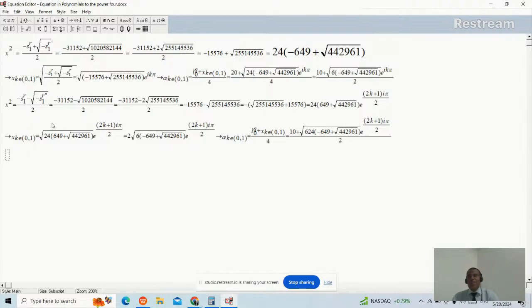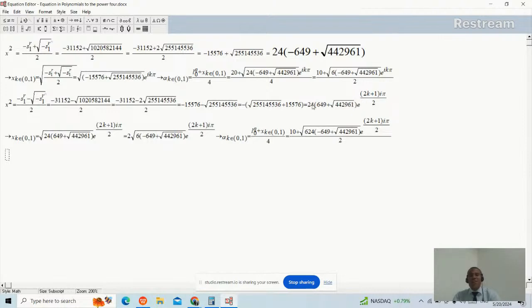There is another root, x squared equal minus s1 of r minus root of minus r only, not double dash. Because this is plus and this is minus, the same calculation. I will just obtain 24 times 649 plus root of 442,961 exponential of (2k plus 1) i pi over 2.